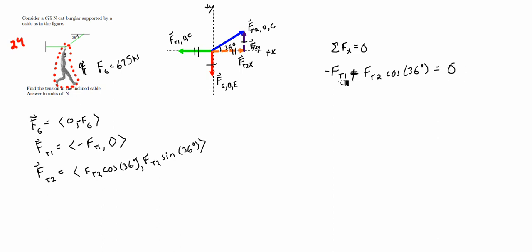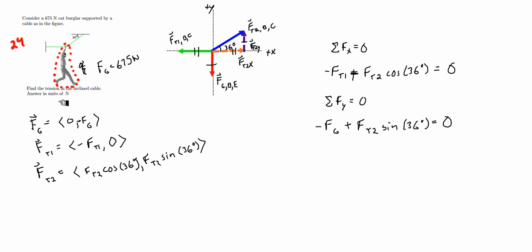So those two added together equals 0. And then the sum of the y components set equal to 0, that'll be negative Fg plus FT2 sine 36 degrees equals 0.